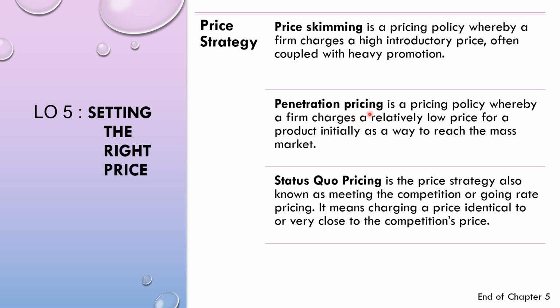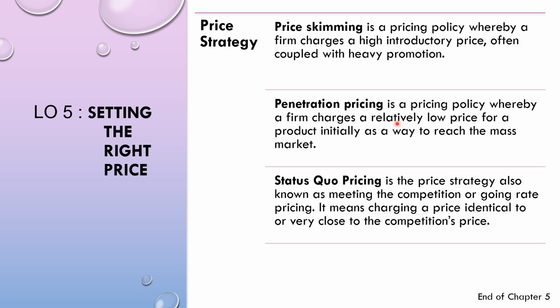Here you are typically using the sales maximization pricing objective, because you want people to buy more of your product. You want to reach your mass market because people are typically very sensitive to price changes. People want to buy things that are cheaper. So with penetration pricing, you set low prices at the introductory price.